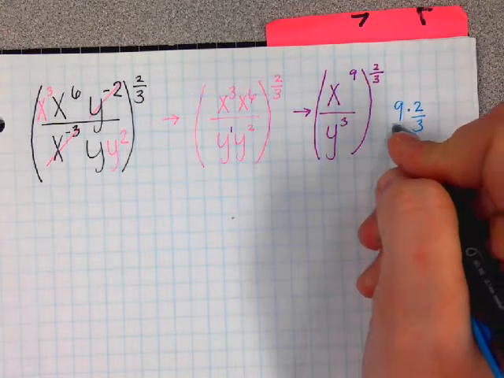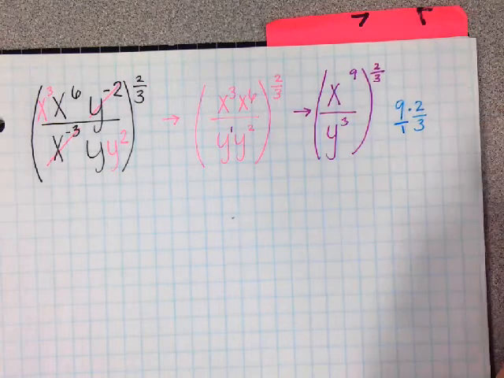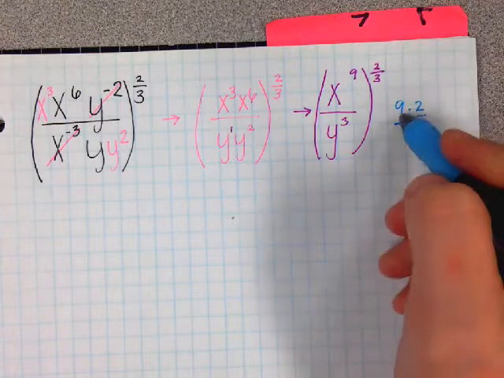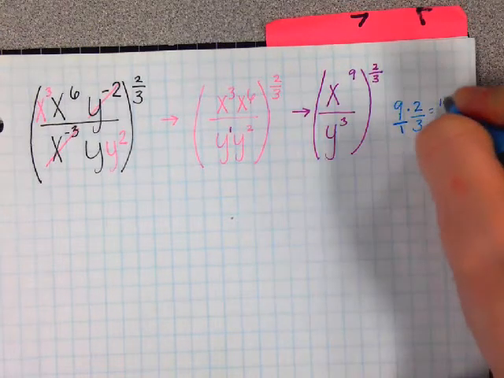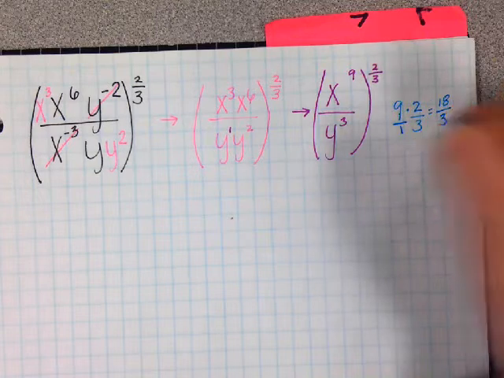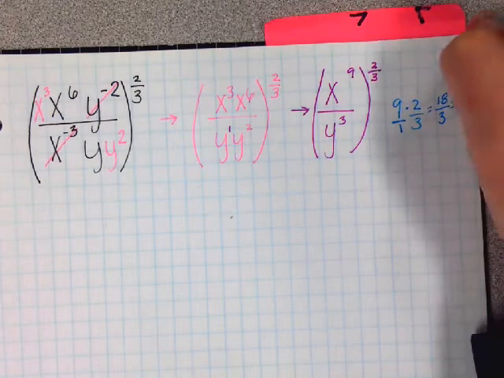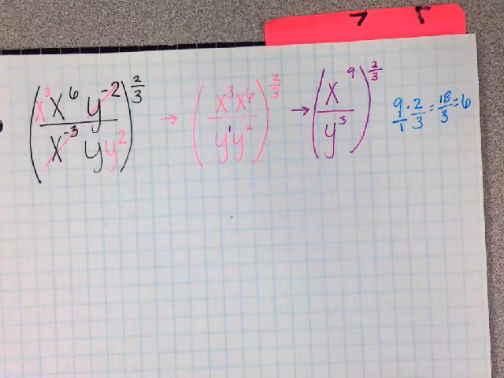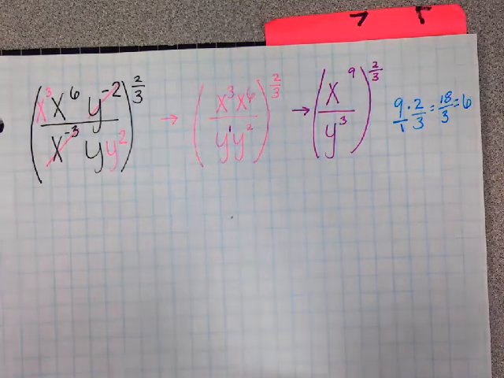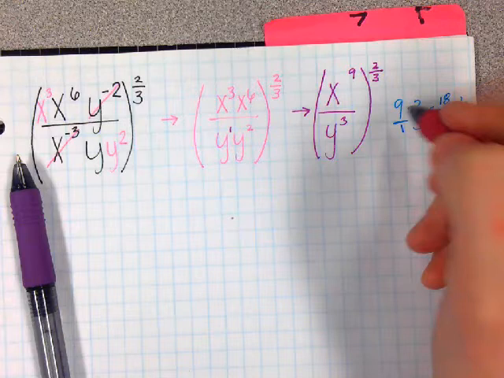So if we have 9 times 2/3, remember when you're multiplying fractions, if it's a whole number, put it over 1. 9 times 2 is 18, and 18 over 3, or 18 divided by 3, is 6.